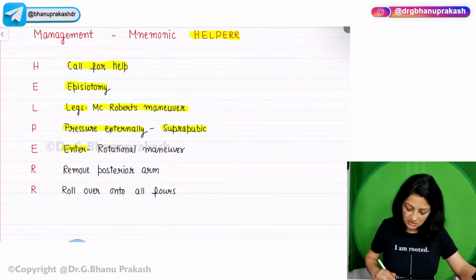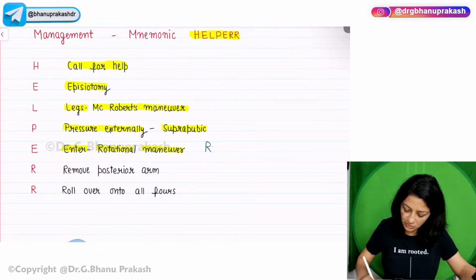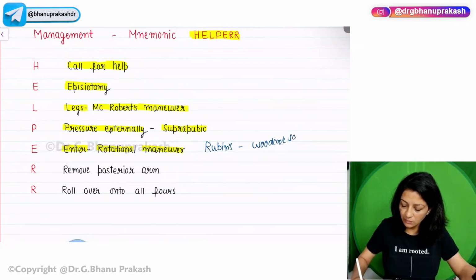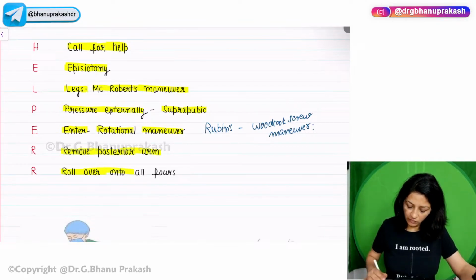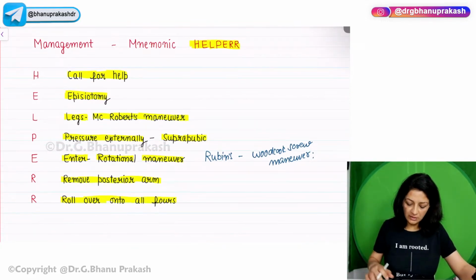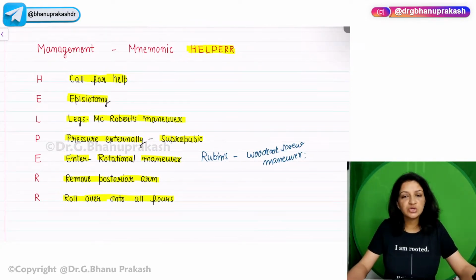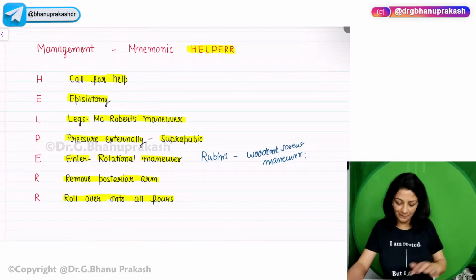E means enter and rotational maneuvers. Which ones? Rubin's maneuver and Woodscrew maneuver. And R means remove posterior arm and roll over onto all fours, Gaskin's maneuver. So this is the management of shoulder dystocia.